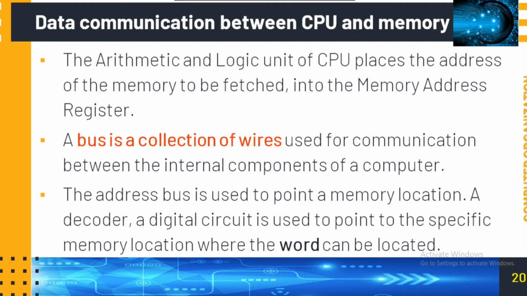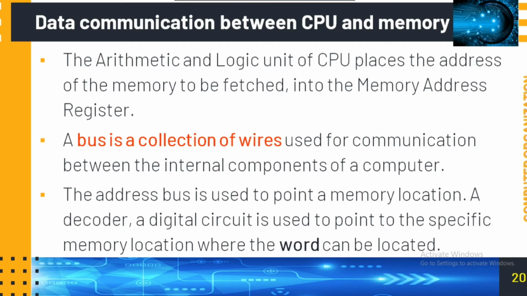The address bus is used to point to a memory location. We already know that in your computer memory each and every byte has a unique address. Based on that address we can fetch the data as well as store the data.